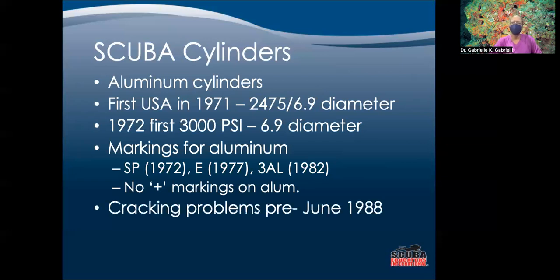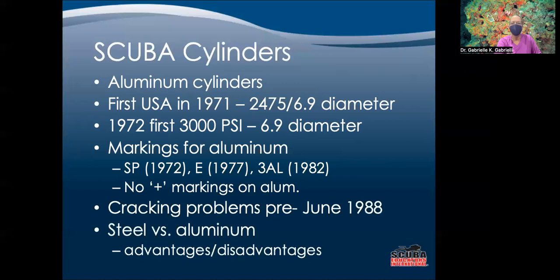Cracking problems pre-June 1988. Have you seen that in the shop? I've found cracks many times. Steel versus aluminum, advantages and disadvantages. Aluminum cylinders are more prone to cracking and corrosion, but in comparison, steel gets flash rust. If the inside gets wet and it dries, they will literally rust in a matter of seconds.